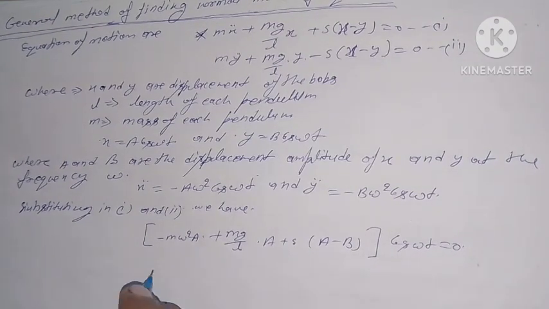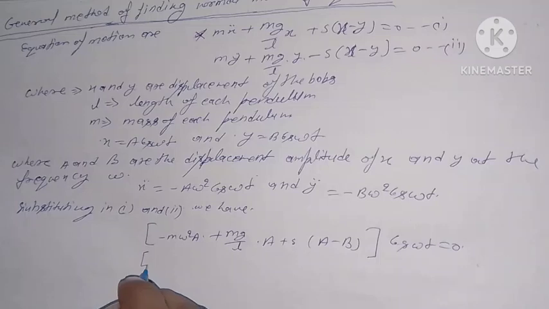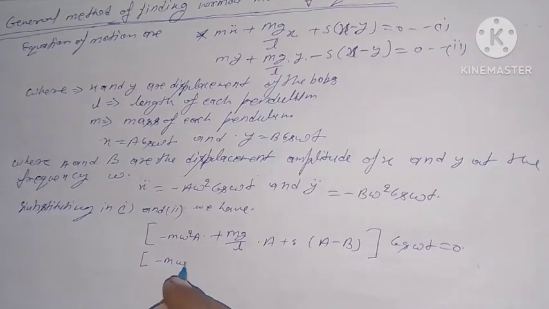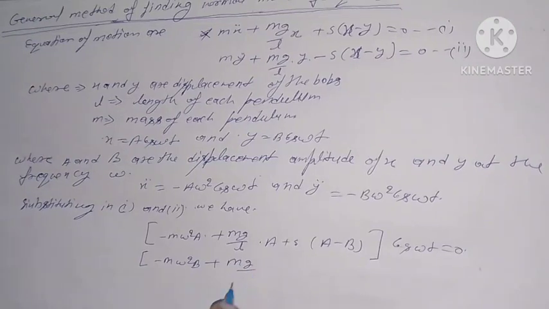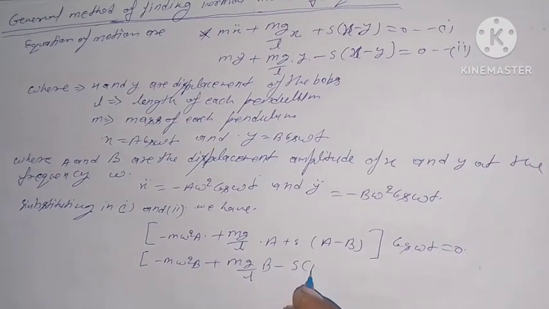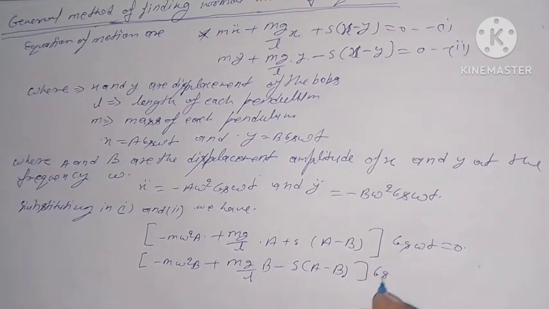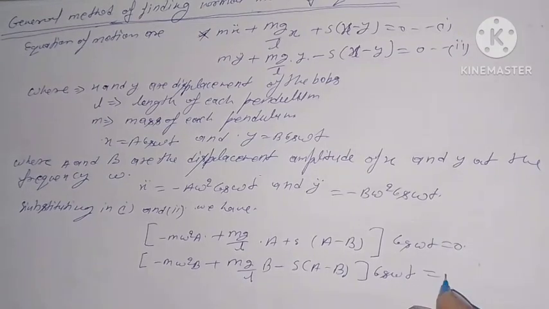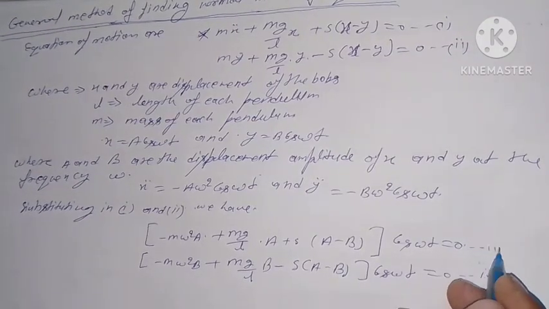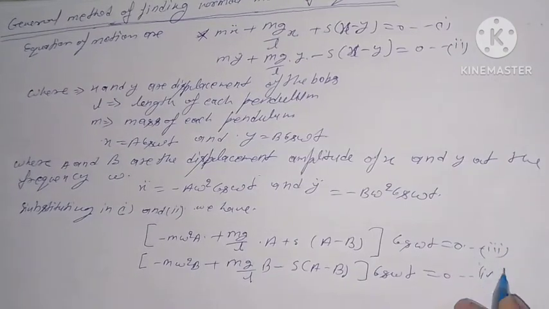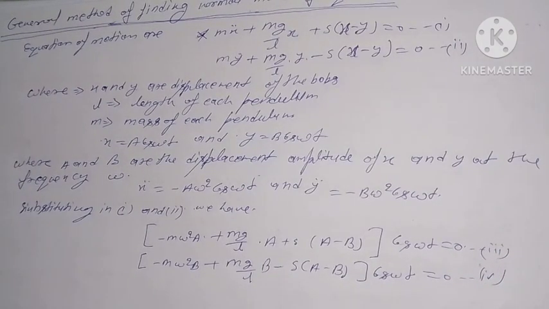And the second: minus m omega square b plus mg by L b minus s into (a minus b) cos omega t equal to 0. This is equation number 3 and this is equation number 4.